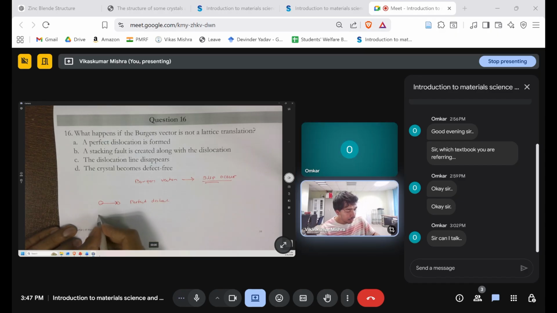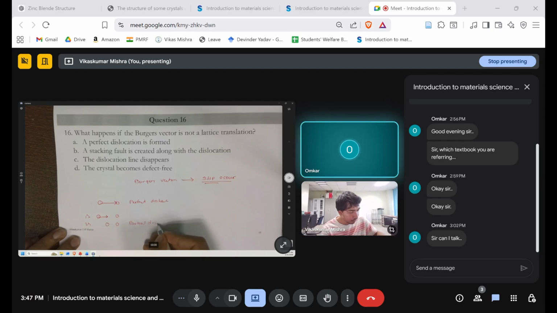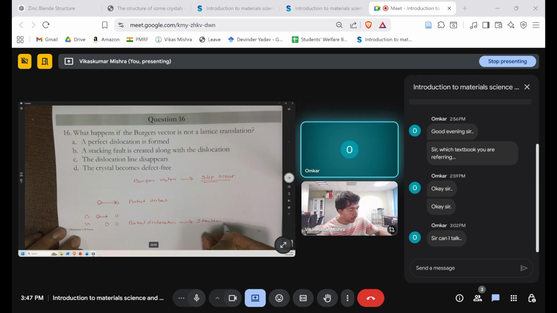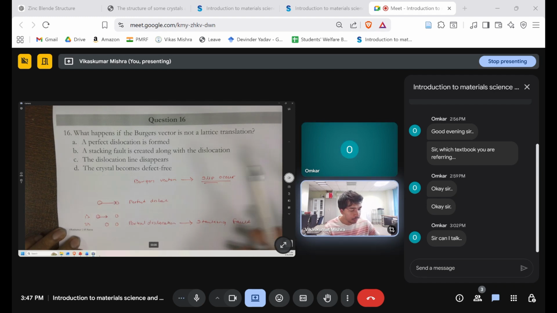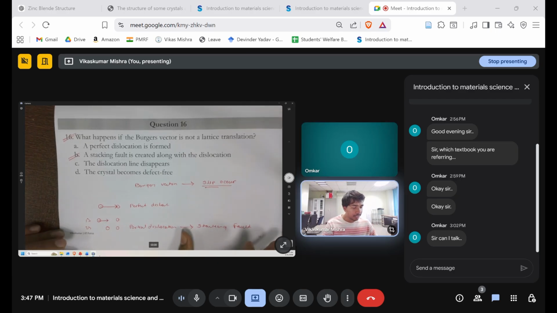And if, let's say this is a lattice point, but slip occurs only by this much magnitude, initially it was like this, this atom came over here. The slip has not occurred by the amount of the lattice translation, then we will say it is a partial dislocation. This partial dislocation leads to the creation of a stacking fault. So what will be the right answer here? Option B will be the right one. Okay, great.